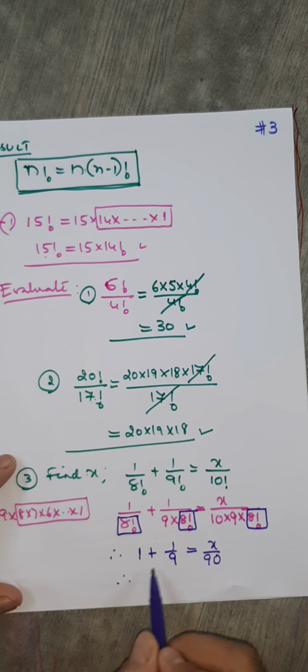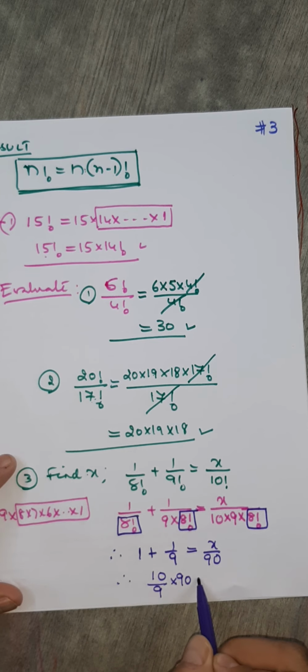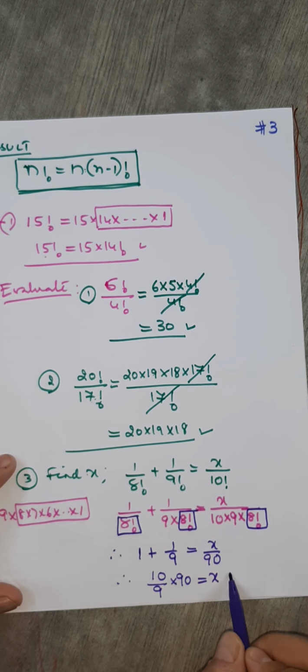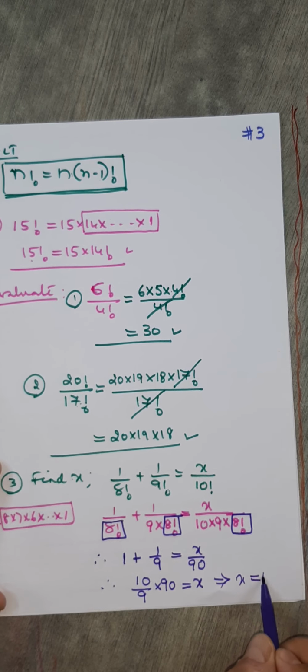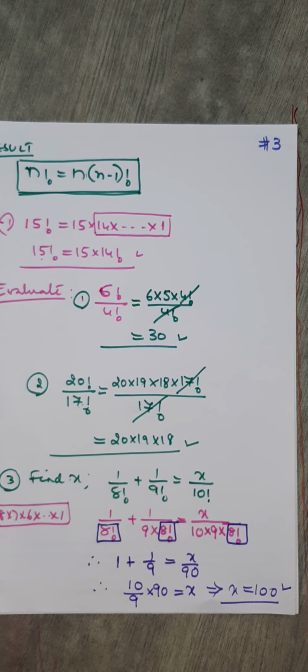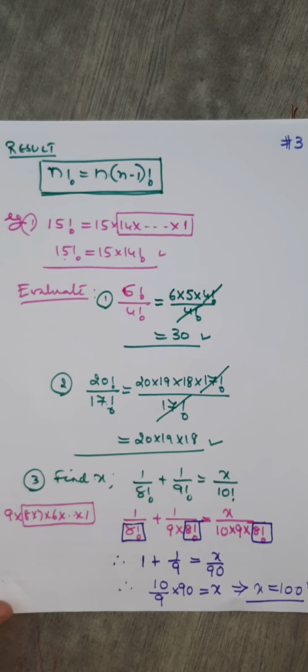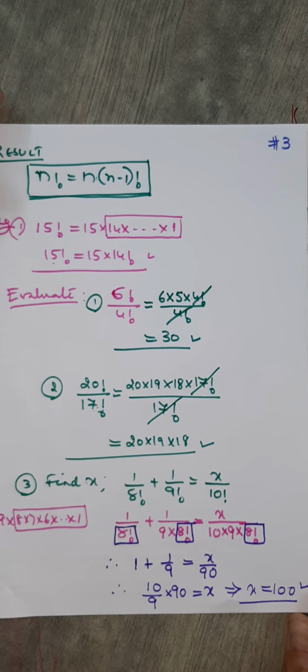This you can simplify very easily because this is nothing but just 10 by 9. 90 will go to that side equals x. So x would be 100. Right? This way you can simplify, remember. What I'm trying to explain here is that a bigger factorial should be written in the form of a smaller factorial. Okay, fine.